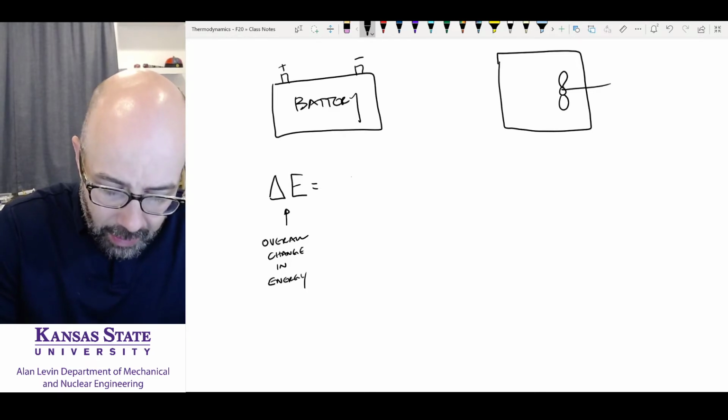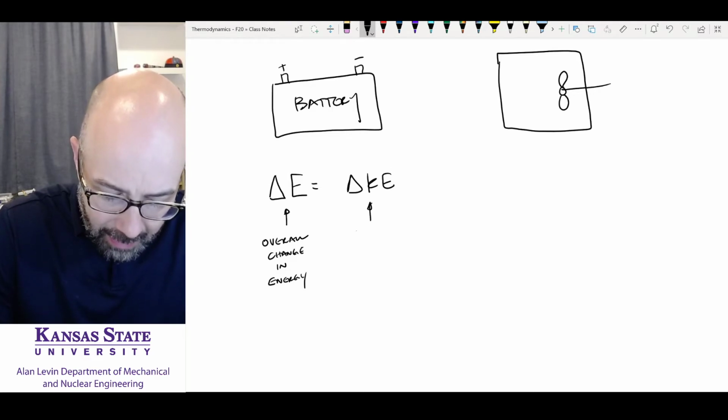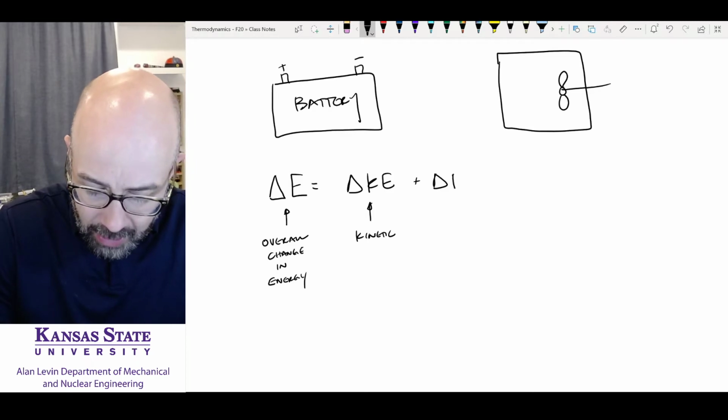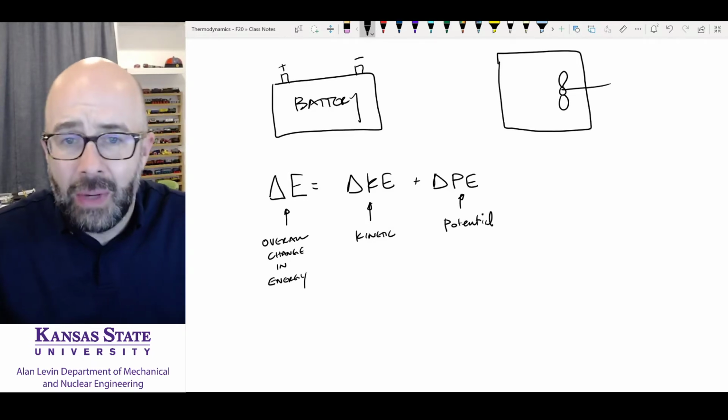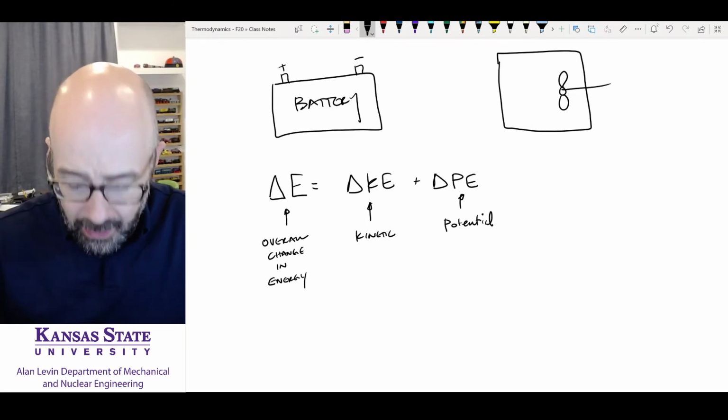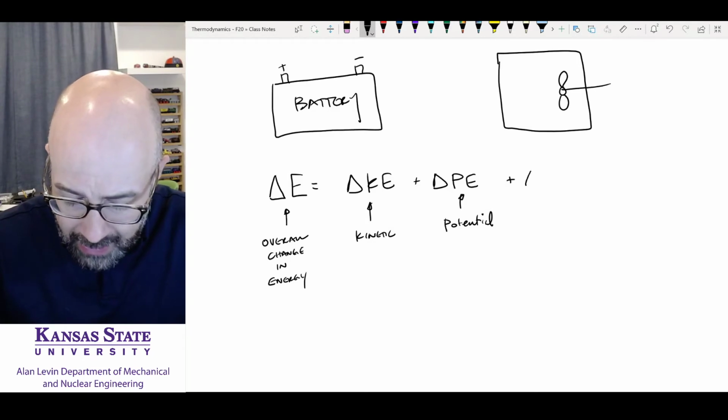It is going to be equal to the change in kinetic energy, what we talked about before, plus the change in potential energy, and then we have this new energy that we want to talk about, this internal energy, and we're going to say delta here, and we're going to call that U, a capital U for internal energy.